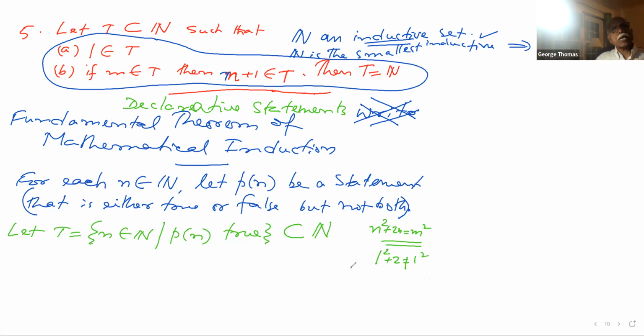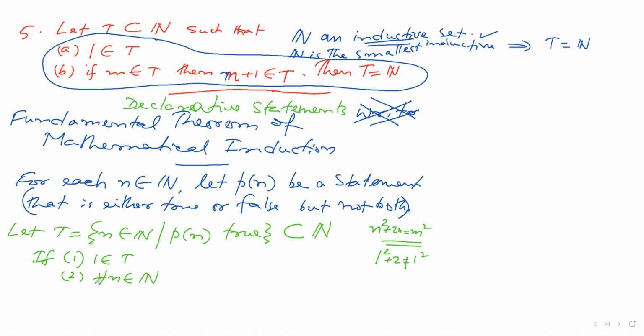But there will probably be some n in it. All right. Now, if 1 is contained in T, and for all n contained in N, do you understand this notation?